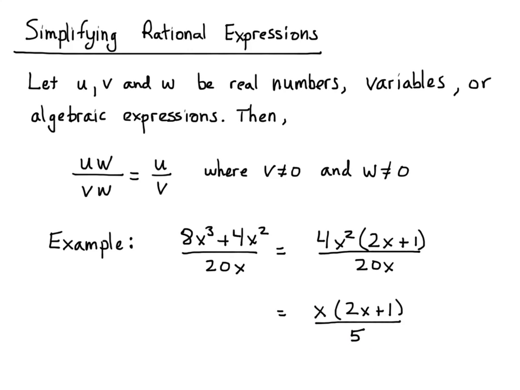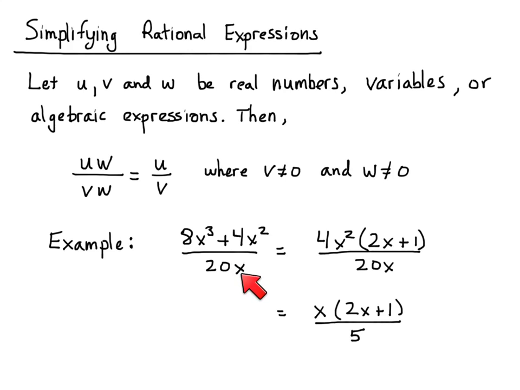But we have one issue now. What happens if x equals 0? In this case, what we've simplified it to is 0 times 0 plus 1 is going to be 0 times 1 divided by 5 is 0. No problem there. But we do have a problem when we make 0 here because we're going to have 20 times 0 is 0.